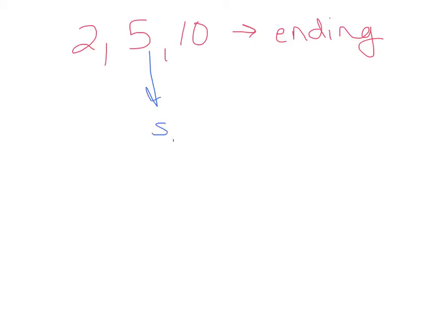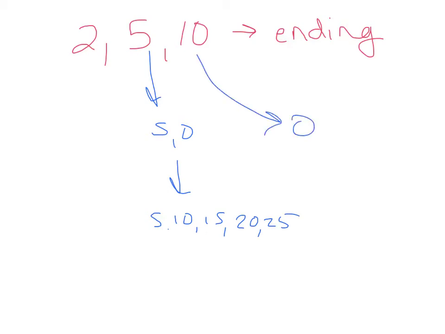I always think about 2, 5, and 10 being about the ending. A 5 has to end in a 5 or a 0, which makes sense because if you start counting 5, 10, 15, 20, 25, they're all ending in a 0 or 5. I think about 10 the same way. It has to end in a 0, because if I start counting, it's 10, 20, 30, all ending in a 0.